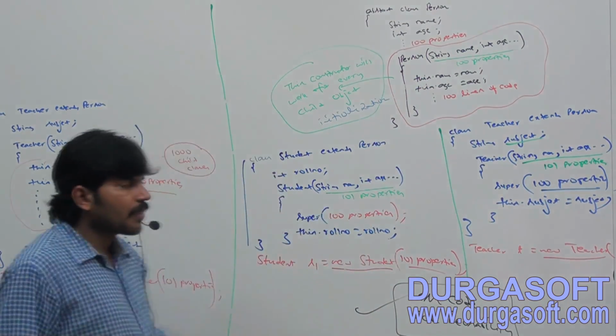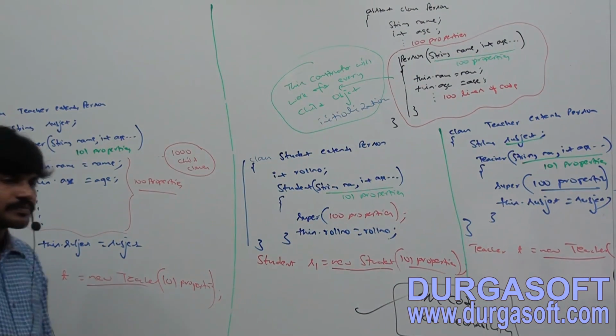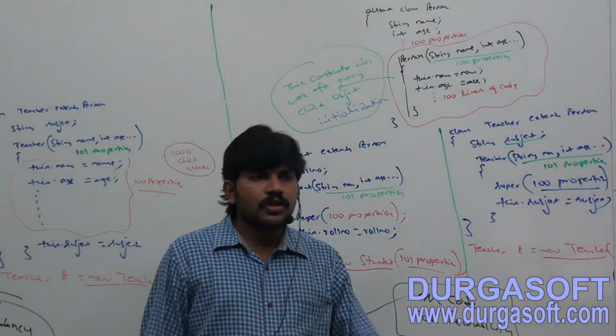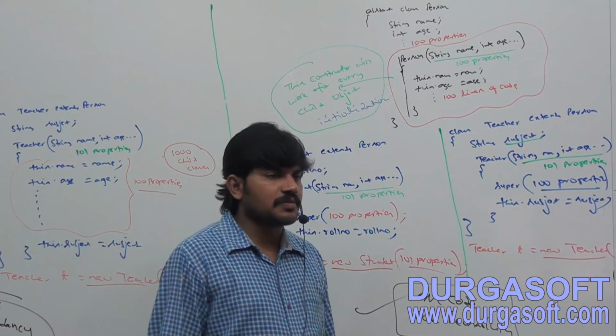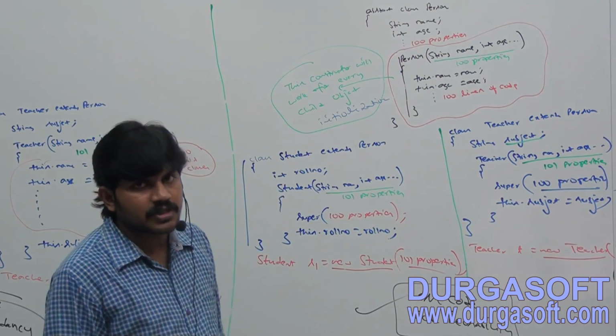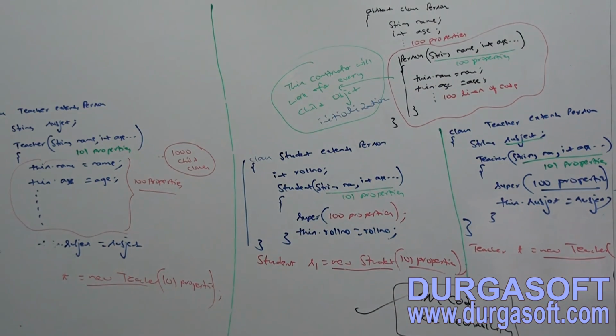Okay, add next question. Anyway, we can't create object for abstract class and interface.